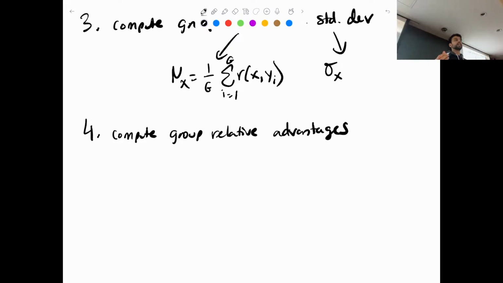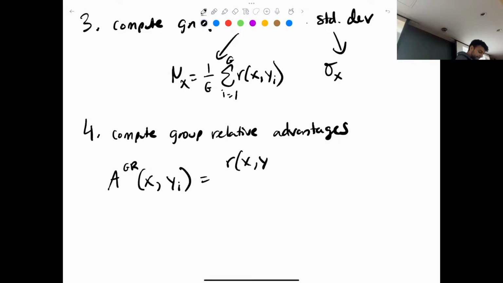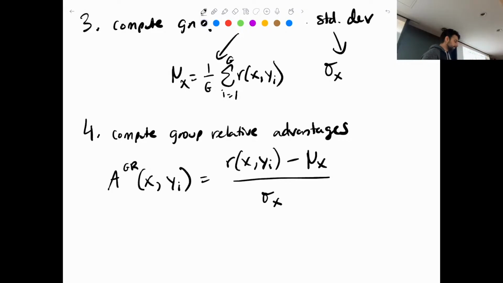So for every response in the group, we'll compute this A_GR of x, y_i, and we'll take the reward of that particular response, subtract the mean reward from the group, and then divide by the standard deviation of the group.